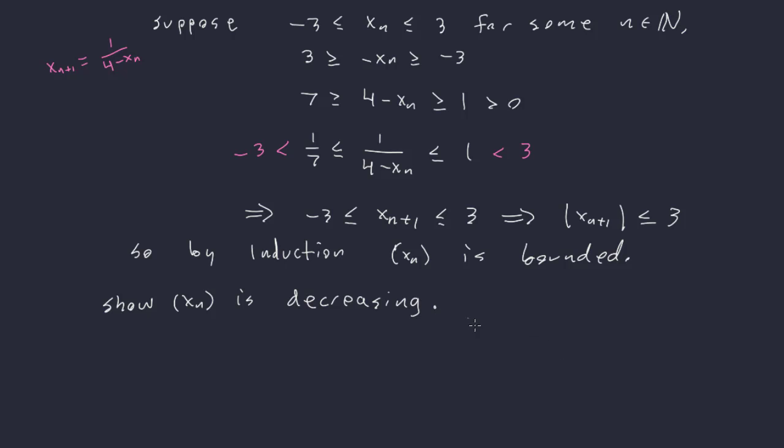Okay, so we've already taken care of the basis step, right? Because x1 is greater than or equal to x2, which is greater than or equal to x3, which is greater than or equal to x4, which will be our basis step.